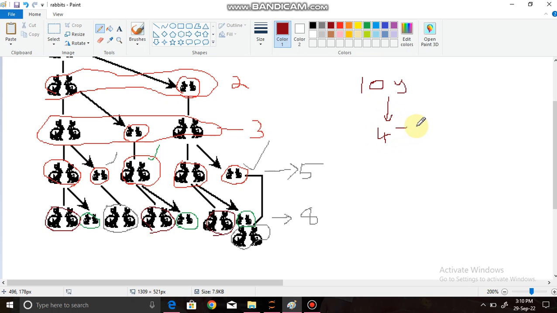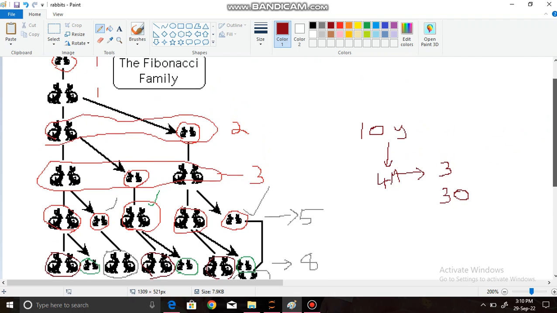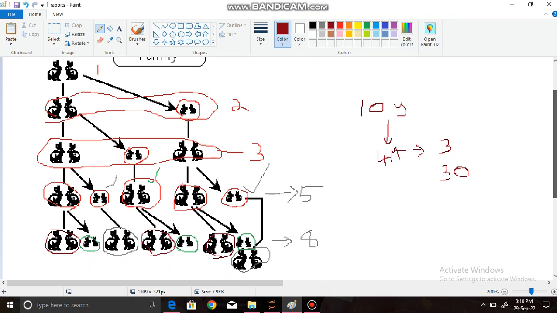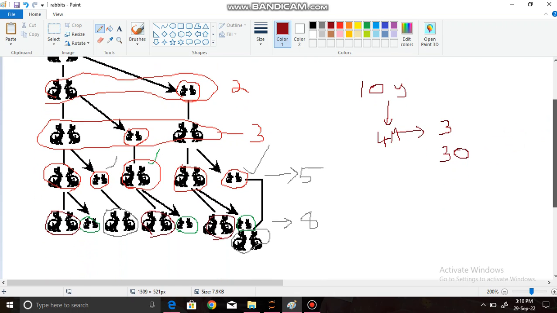So how many 4-month periods are there in 10 years? In 1 year there are three 4-month periods, so in 10 years there will be 30.